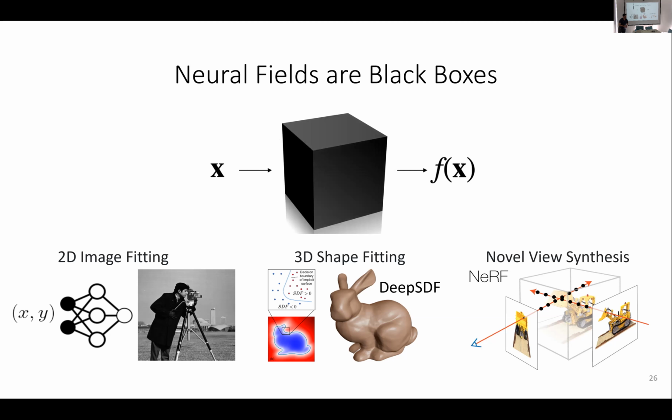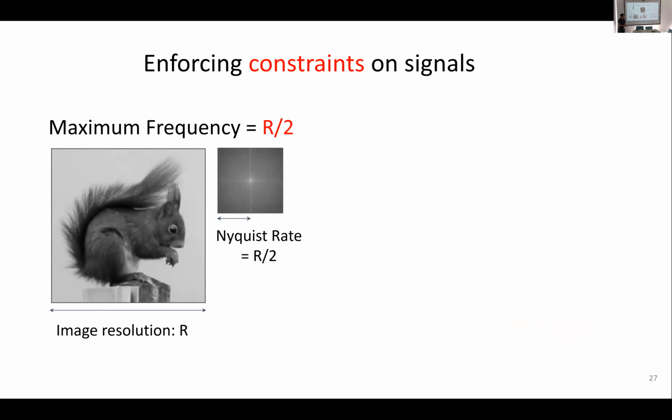The problem is that these neural fields are black box. As such, we can only obtain information about them by querying them at specific spatial coordinates. And this hinders many applications. For example, if we want to enforce constraint on the signal, then this is difficult to do.